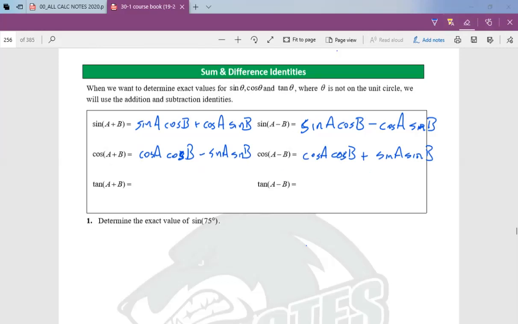And then our tangent formula looks different, because tangent behaves differently in general. Tan of a plus b is tan a plus tan b over 1 minus tan a tan b.